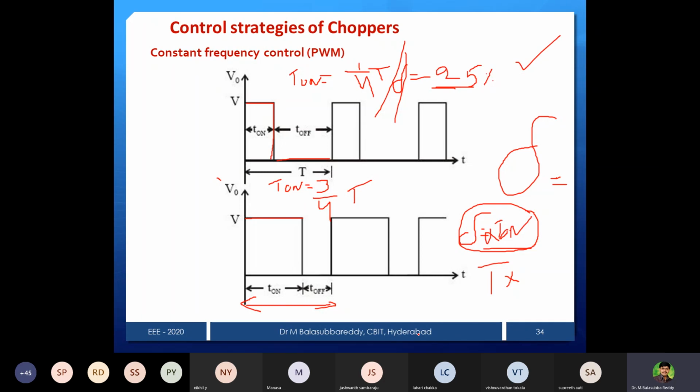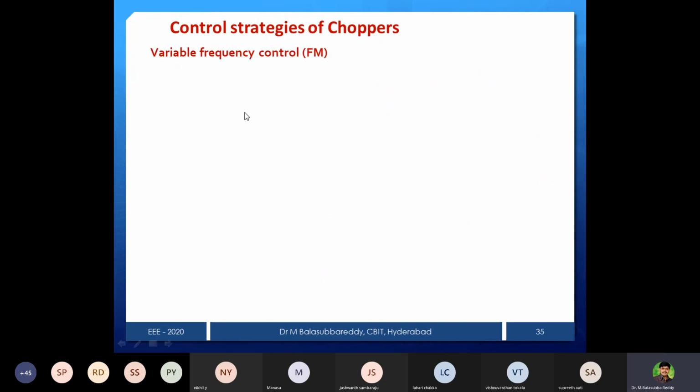Change T on and delta changes proportionately. This is constant frequency, because T is fixed and frequency F is equal to 1 by T, so T is fixed for any value of delta. Delta is varied by changing the T on period, that is constant frequency control.